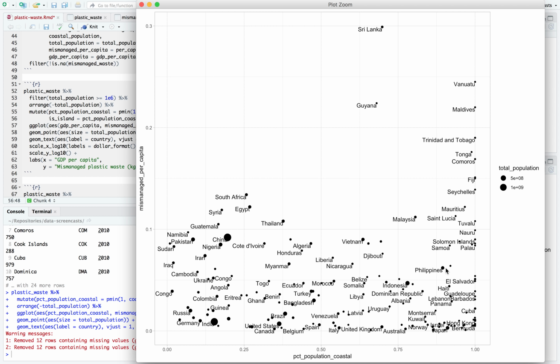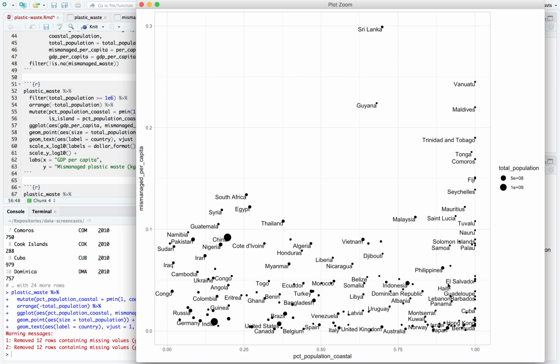North America is an island, but it is a continent. Indonesia is a very large number of islands. So it's kind of hard to say for sure what is defined as an island. I'm not going to say is island. I'm going to say high coastal population, and I'm actually going to set it at 90%.